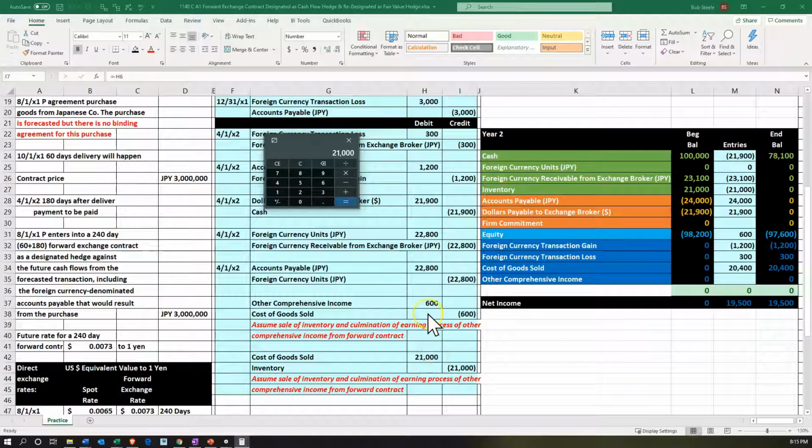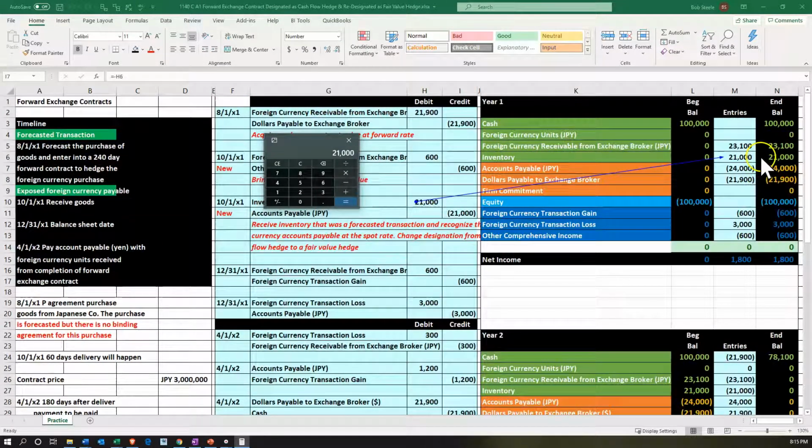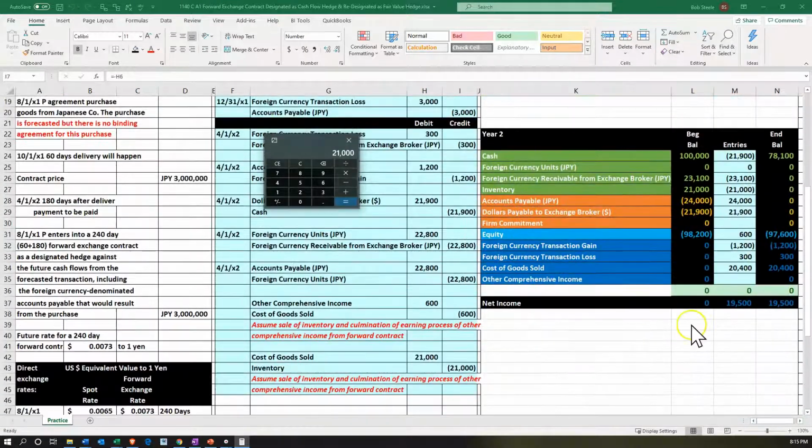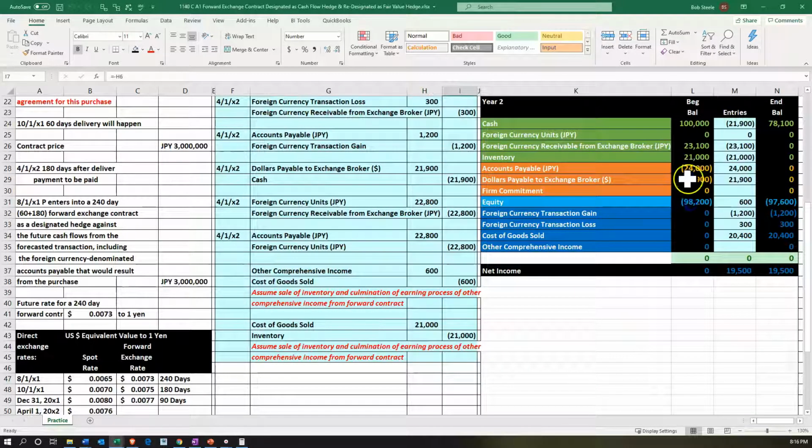But then we took out the other comprehensive income, decreasing it at that point in time, and recording the effect in the cost of goods sold at the point of sale. So in other words, this effect is not in the inventory, not reflected on the balance sheet, but instead reflected in other comprehensive income, but will be reflected on the income statement in cost of goods sold once the related inventory is sold.